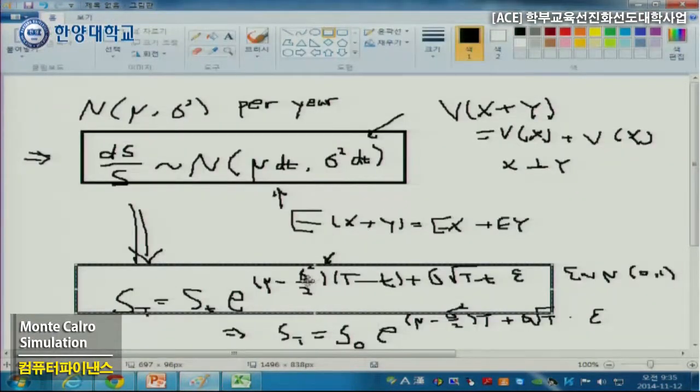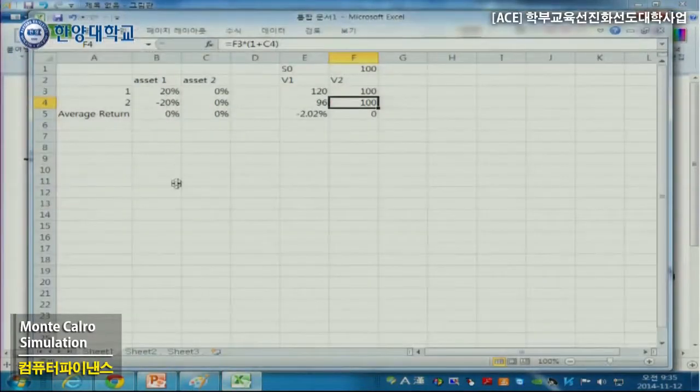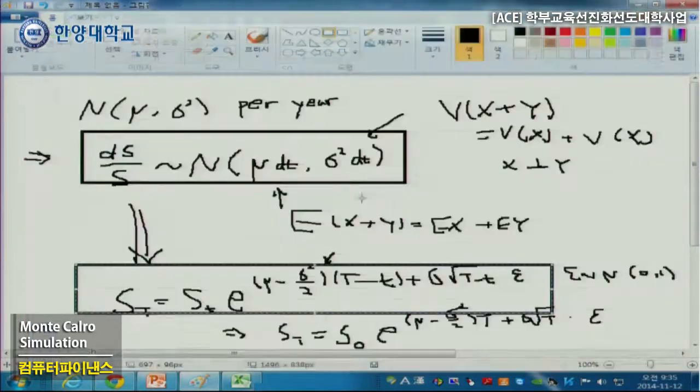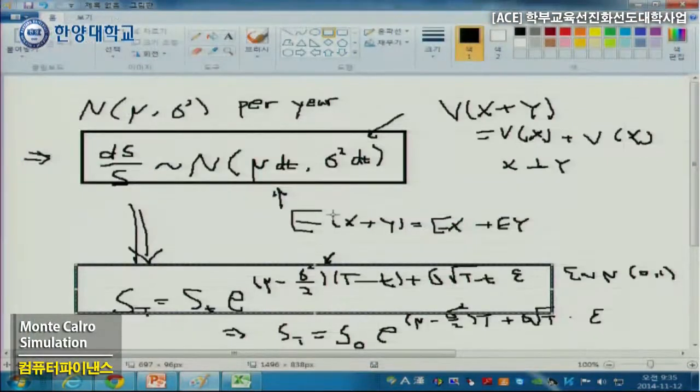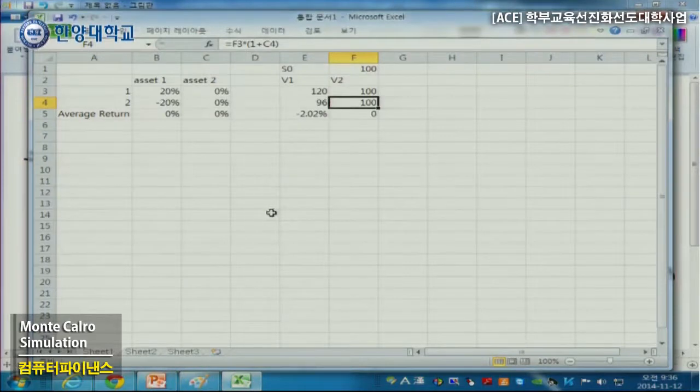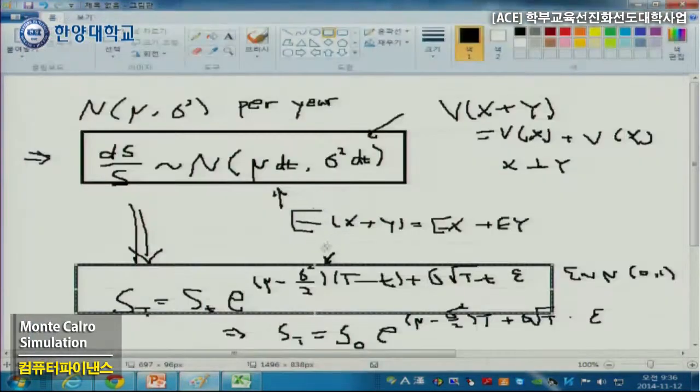If we have a lot of samples, the exact amount that we have to subtract because of the convexity effect is half of sigma squared.